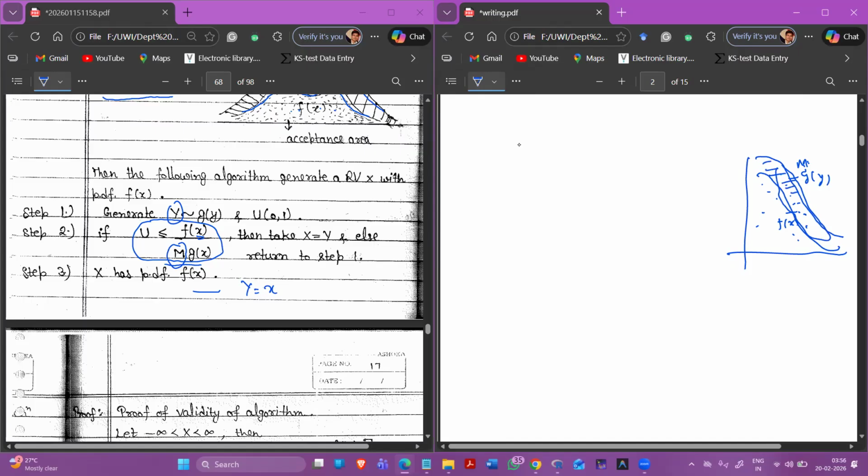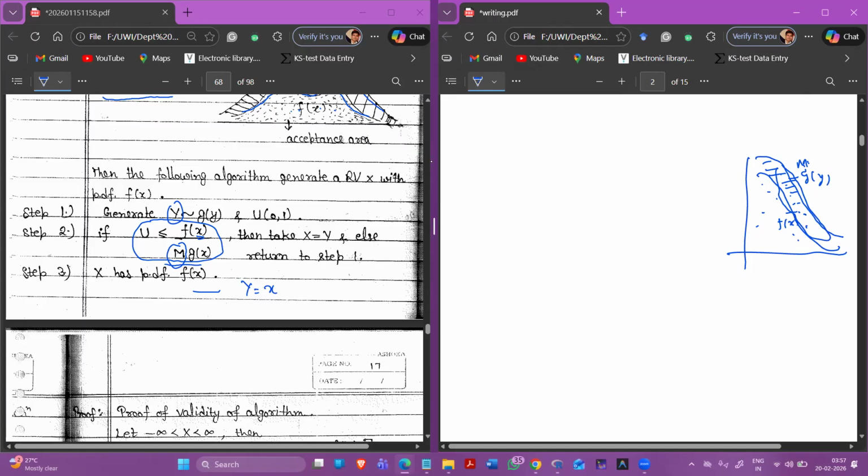How will I remove them? I will remove them by this comparison. I will generate values from the uniform distribution, and whatever value I get, I check whether it is less than or equal to fx divided by mgx.